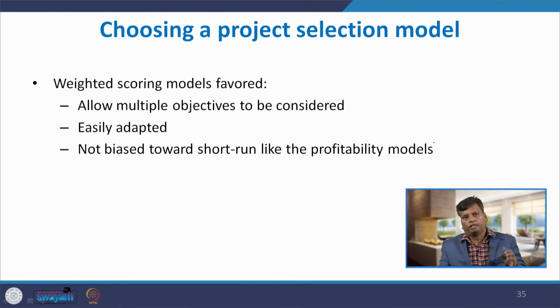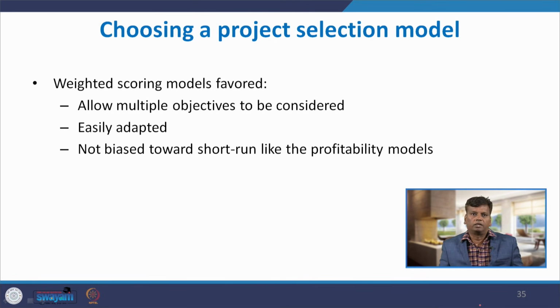Now, we have seen numeric methods and non-numeric methods. In the numeric method, we have seen various project selection techniques. In the non-numeric method, we have seen many project selection techniques. But how to choose a right and appropriate project selection model?